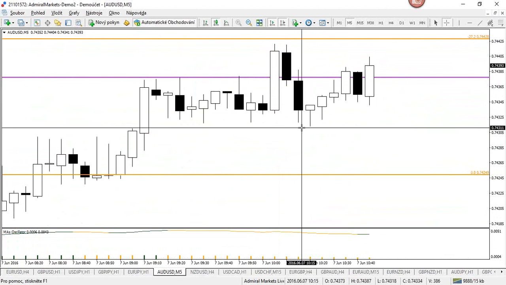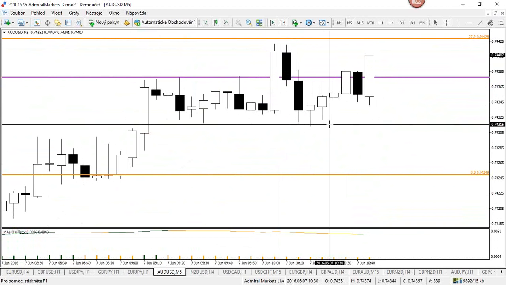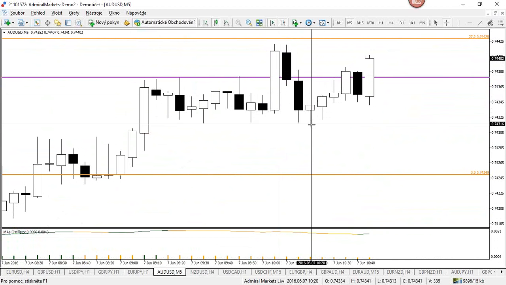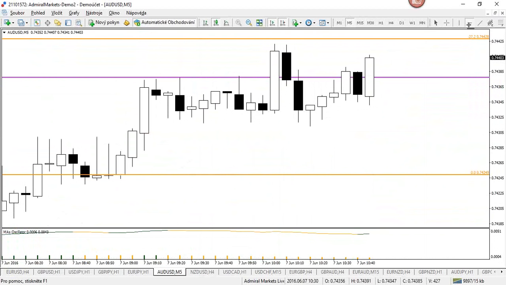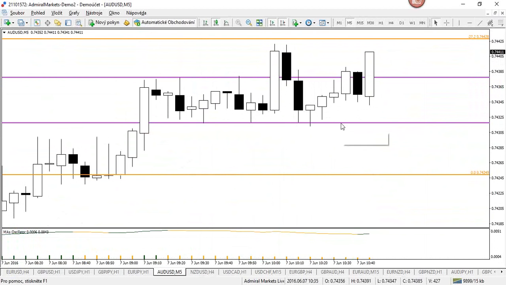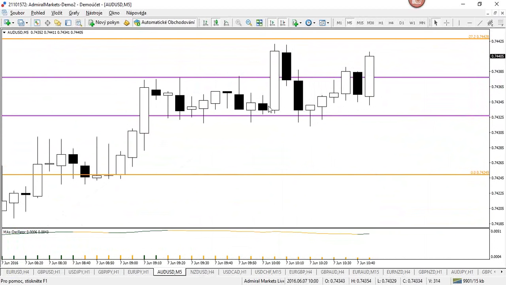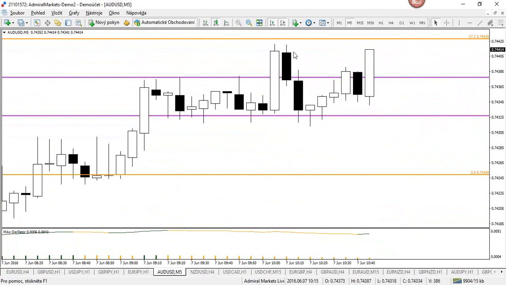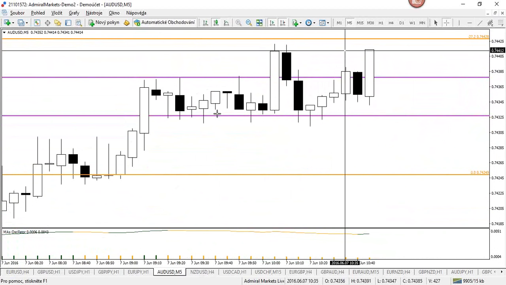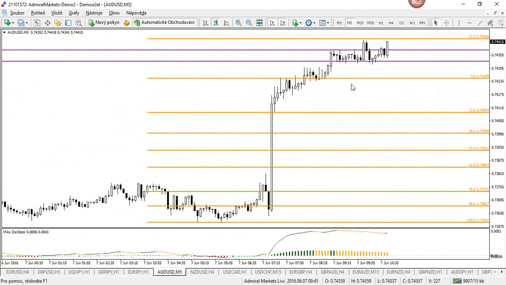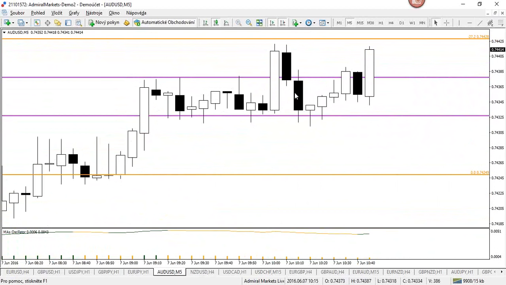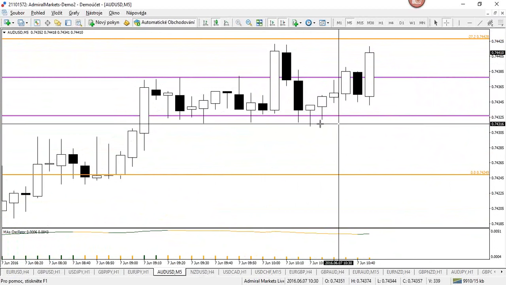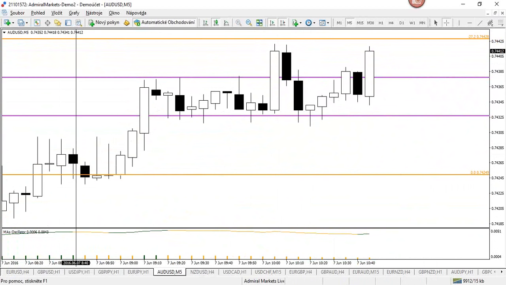Just a shallow pullback here. It wasn't even able to break below these bottom lows, in fact. So maybe it was not that bad of an idea, actually, to continue. It is a strong momentum. So it was maybe not even that bad of an idea to go long in here. You can see that sometimes it's really difficult for price to retrace. It's pushing up already, in fact.